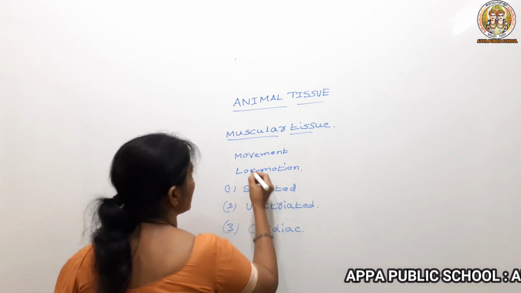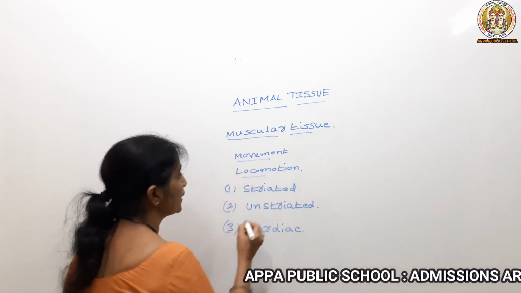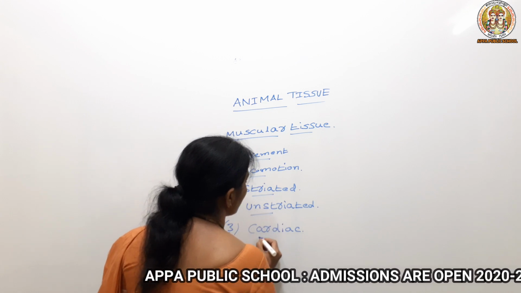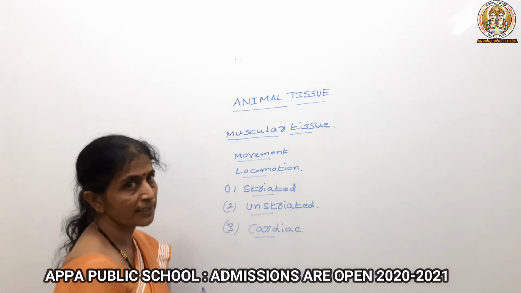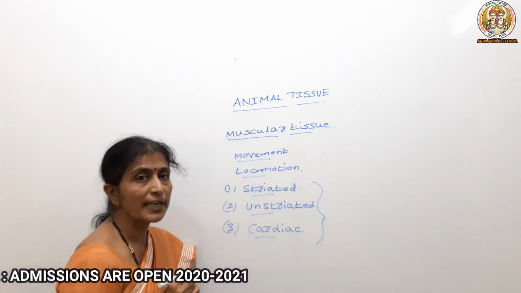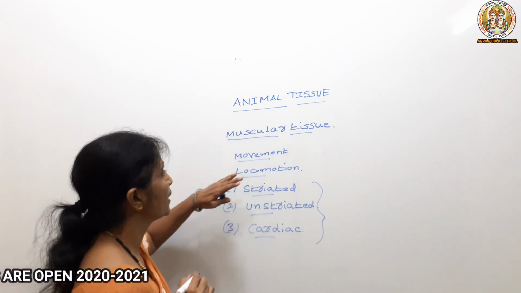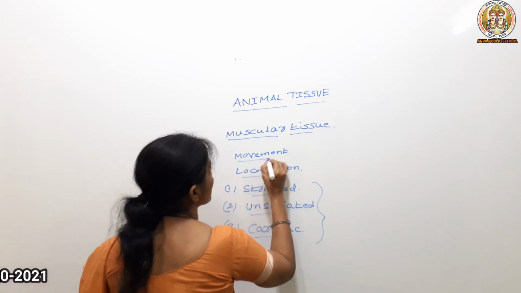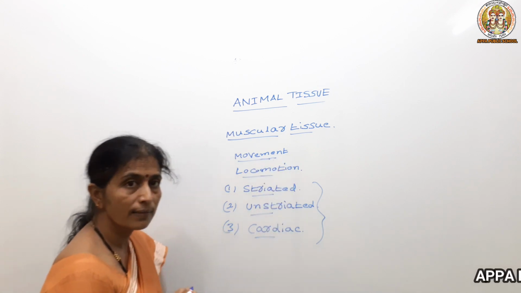These are the three types of muscular tissue depending upon the position where they are present. Their function also varies, so depending upon the type of function, they are divided into three types.